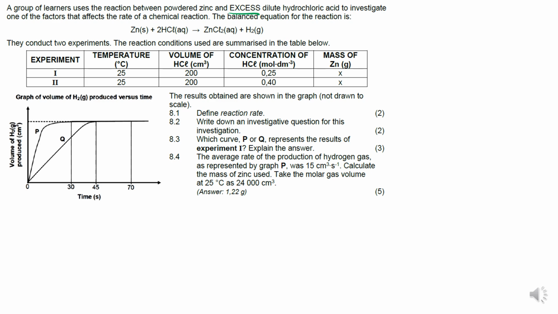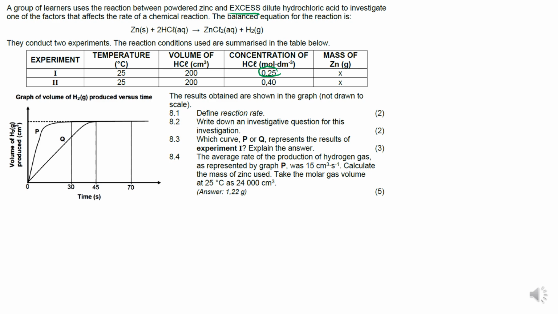One, the temperature is kept constant, and the volume of the HCl is also the same, right? It does not change. But what changes is the concentration. In reaction 1 it is lower than the concentration in reaction 2. So obviously that is going to affect the rate of the reaction, because concentration is one of the factors that affect the rate of the reaction.